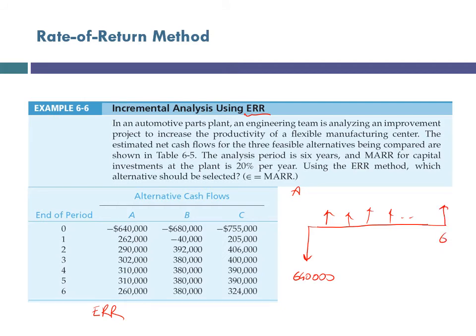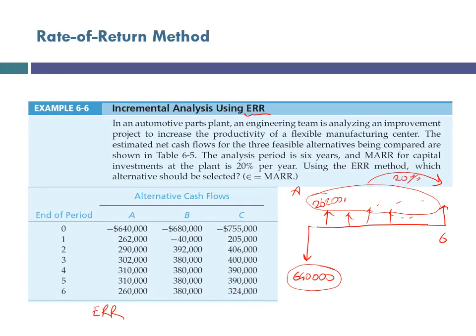These are different, 262,000 and so on. What do we do? We shift every expense to time 0, and it's already in time 0. We shift every revenue to time n, the end of the study period, using MAR 20%.